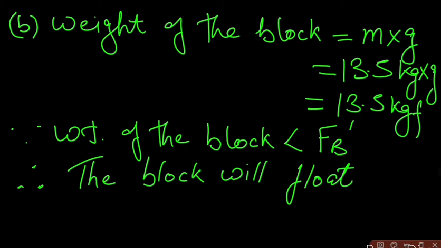Now since the block floats, the total upthrust acting on it, which was 15 kgf, will push it upwards, and some part of the body should be immersed, hence we shall get a new upthrust, that is Fb.